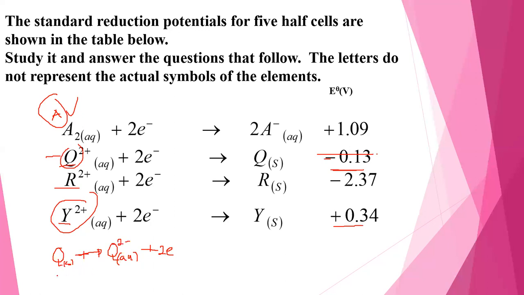Then we have Y. Here is positive, so Y will be reduced. Q will be oxidized while Y will be reduced. The two electrons combine with the Y ions to give us Y solid.